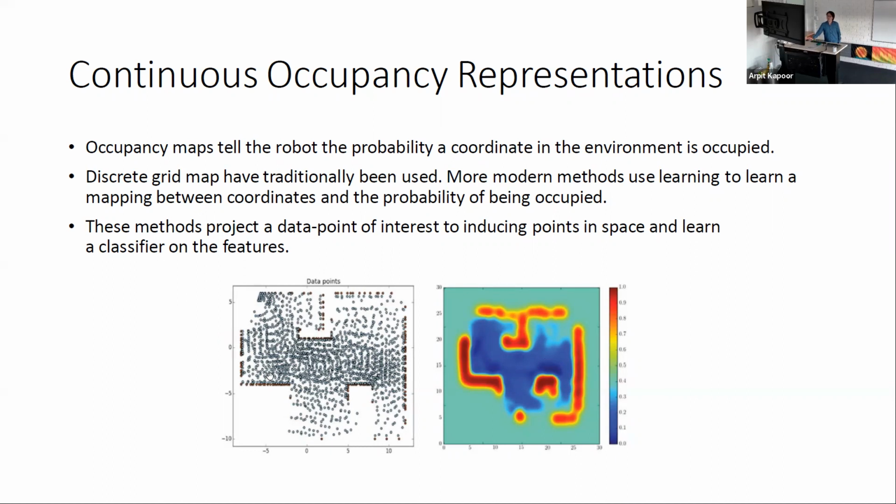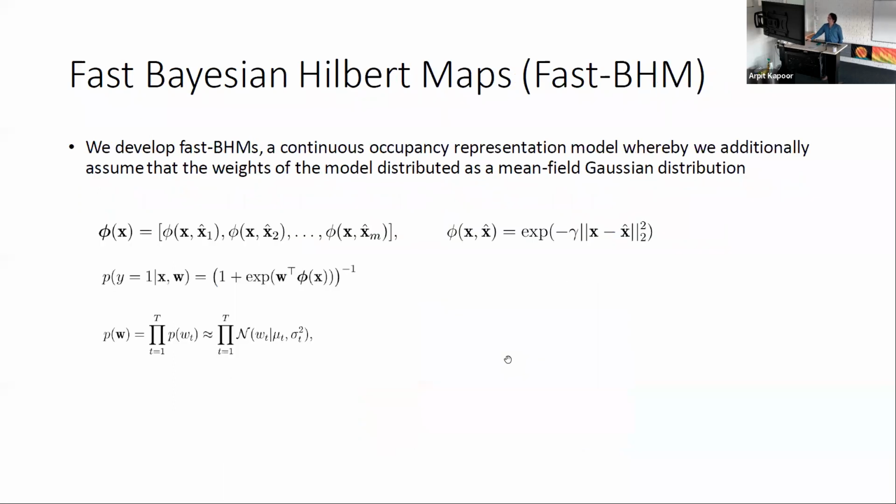So we have spatial points. We can create these features in space by projecting a data point of interest to spatially fixed coordinates, and then get a feature vector from that and basically train up a classifier to tell you at a specific point what the probability is.